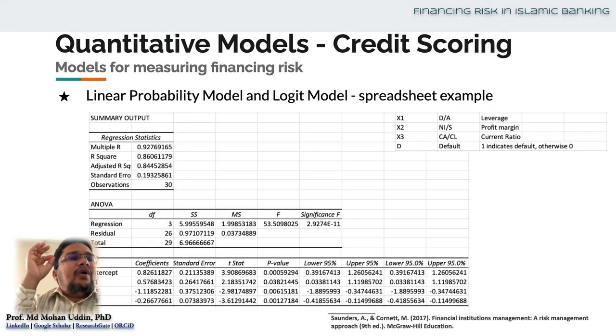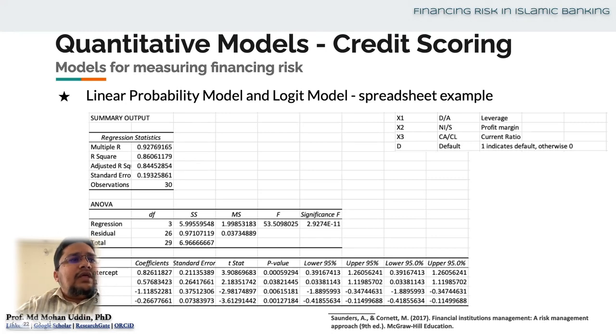This is theoretically explainable: a high current ratio means you have more current assets relative to current liabilities, which indicates that the customer has the ability to provide cash from the current assets.